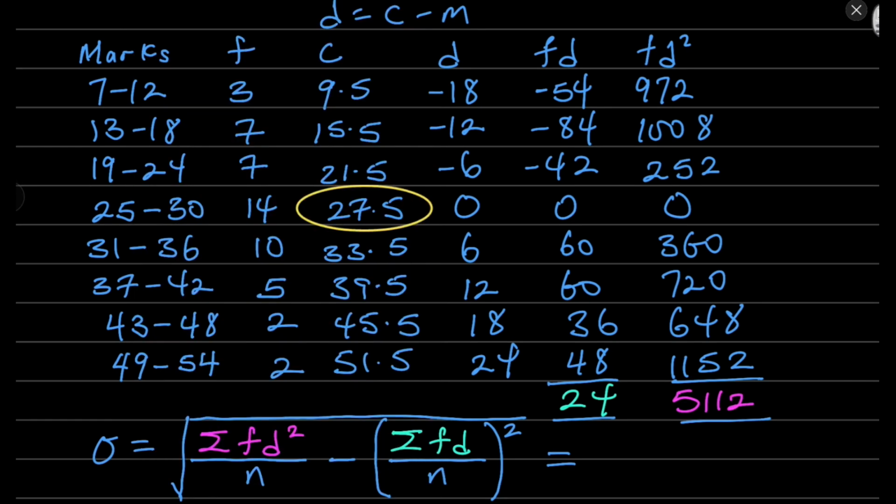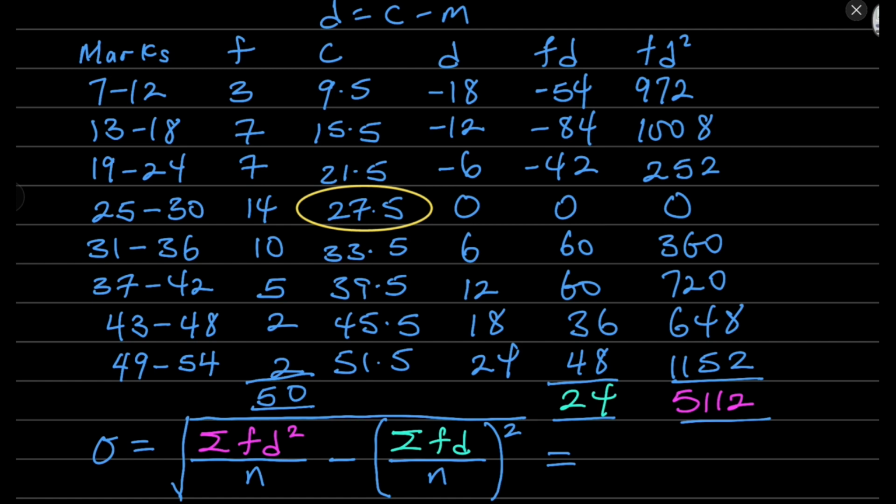Back to our formula. Then for the denominators we need n. N, as always, doesn't change, it's your total frequency. To get your total frequency, just add up all your frequencies. If you add that up, you can pause it and add it. Total frequency is 50. Now we can apply our formula.